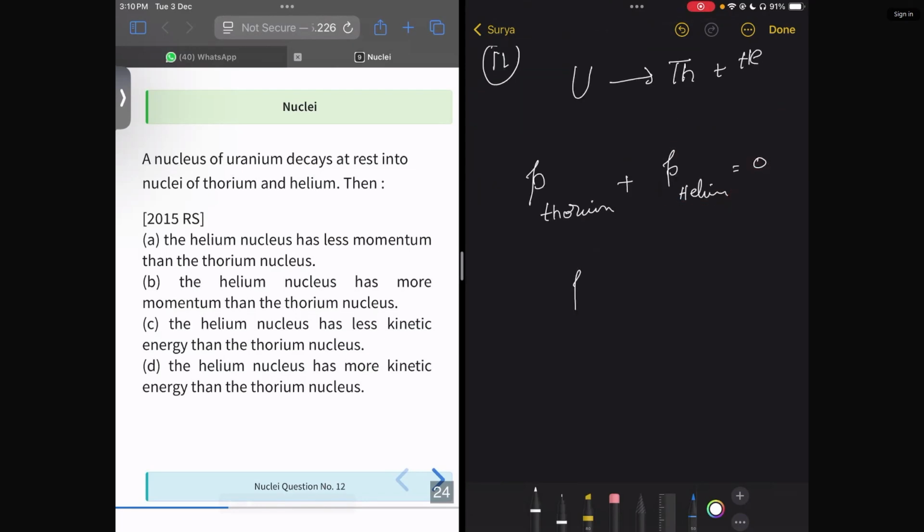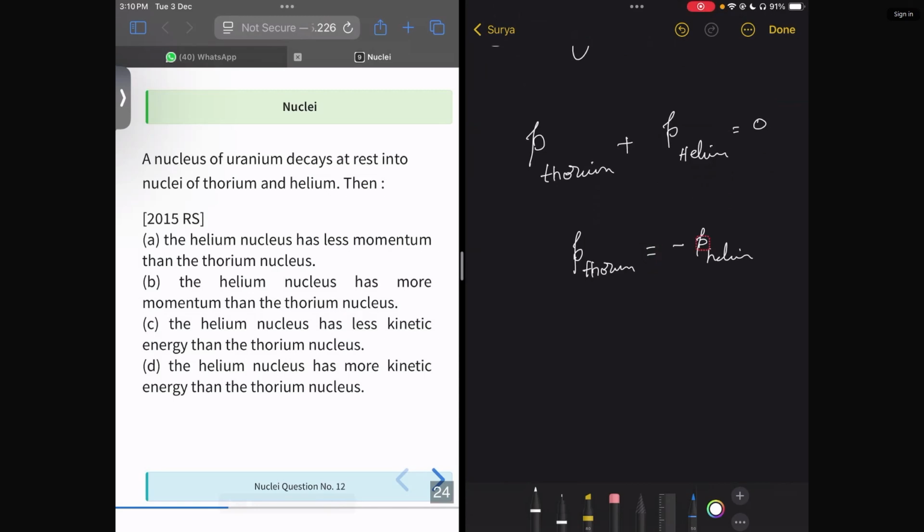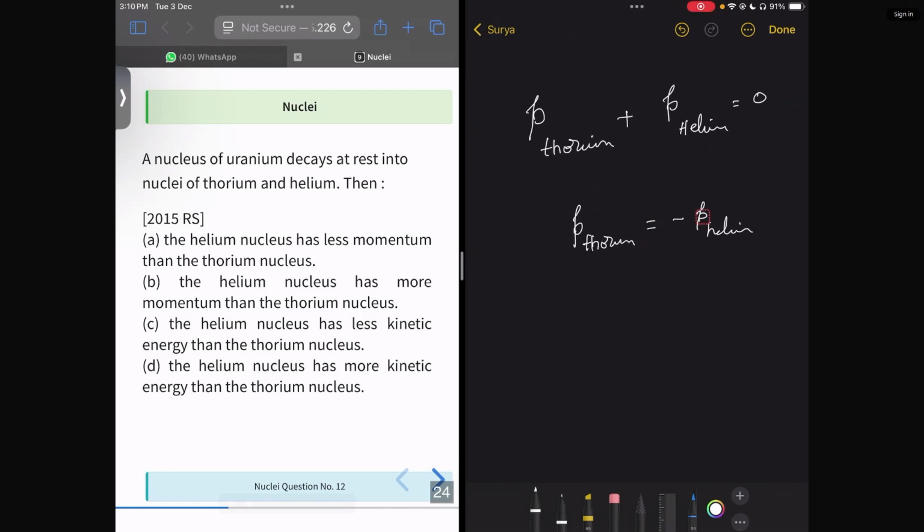So the momentum of thorium is equal to minus the momentum of helium. Both are equal in magnitude, but the directions will be different, right? So the modulus of momentum of thorium is equal to the modulus of momentum of helium.